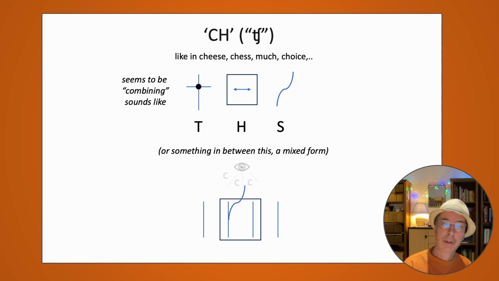There are more things that have this. Of course, I chose some words where there is already this S in a double form: cheese, chess, much, choice.